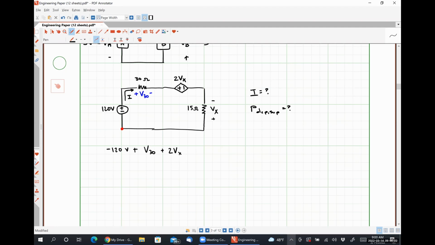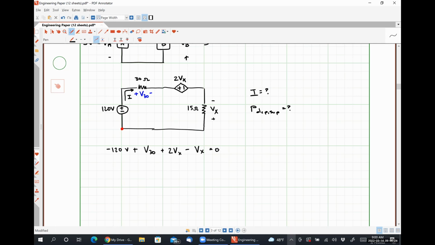And what do I see after that? Negative Vx. Absolutely. I'm okay with that. This is equal to 0.